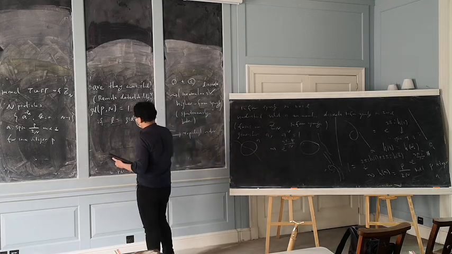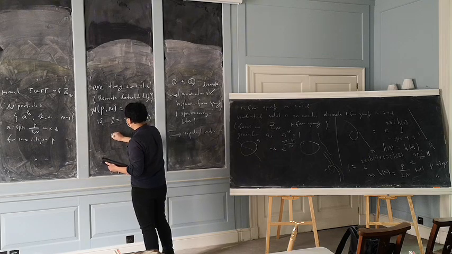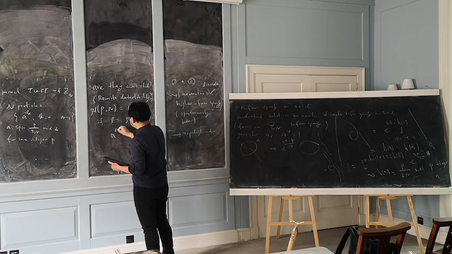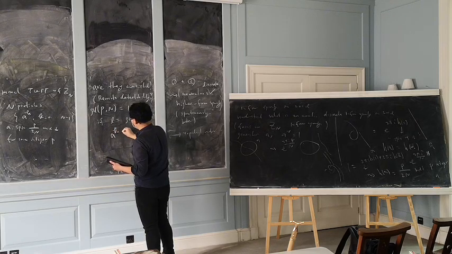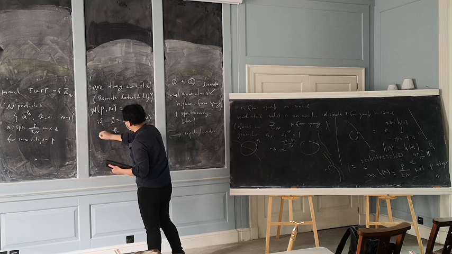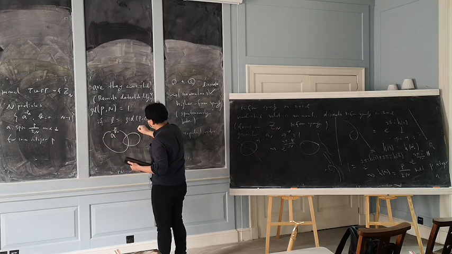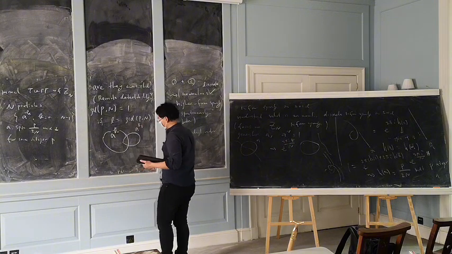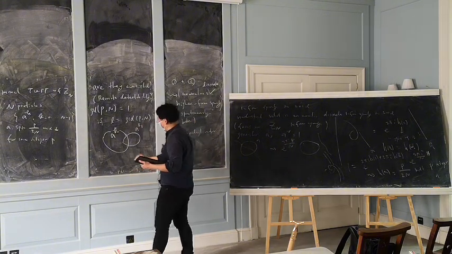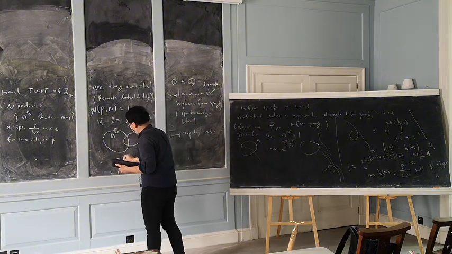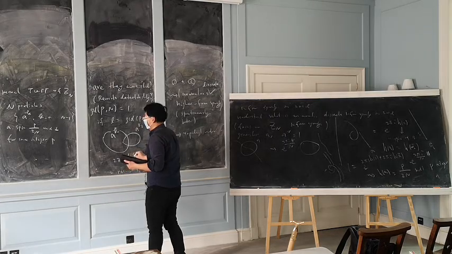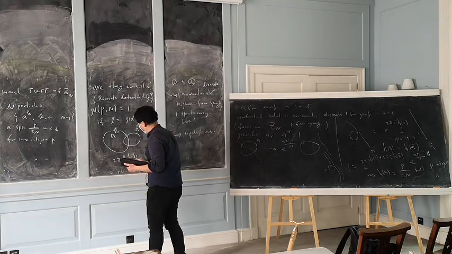For example, you can take A to the L. First let me write down the general braiding of two members in the set. We have A to the k1 and A to the k2, and there's a braiding by 2 pi p k1 k2 divided by n.